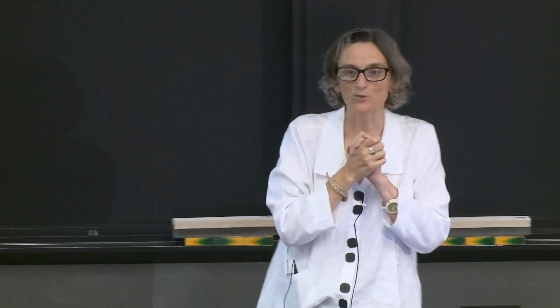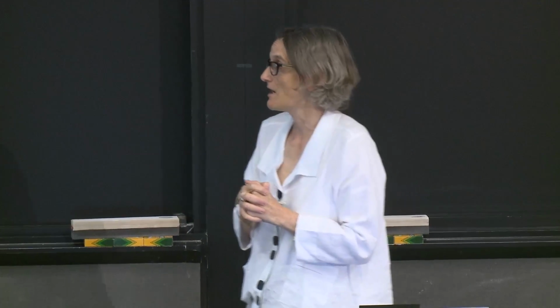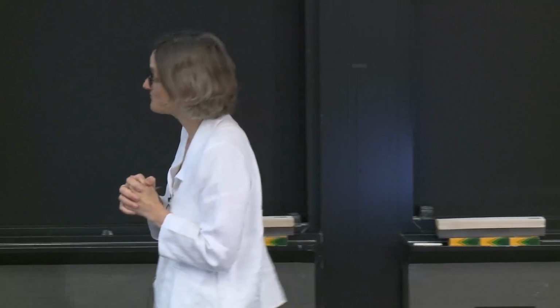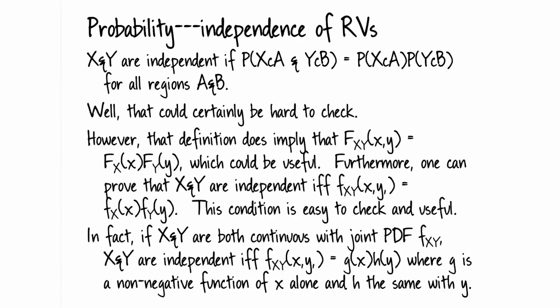But in fact, we can come up with some more useful results to test whether random variables are independent. This definition implies that, in particular, the joint CDF of two random variables is equal to the product of the marginal CDFs. So that can be useful.